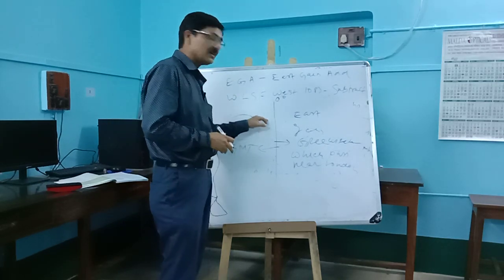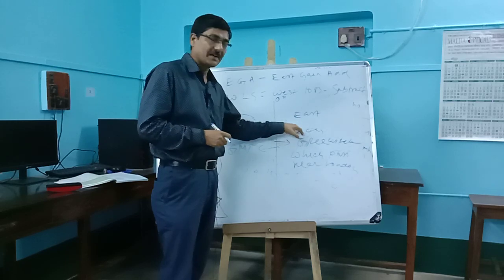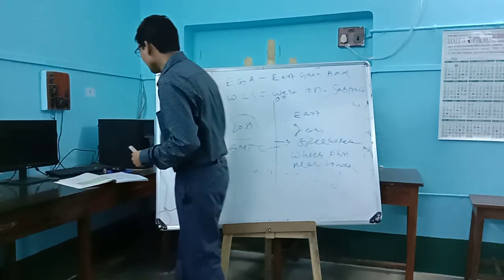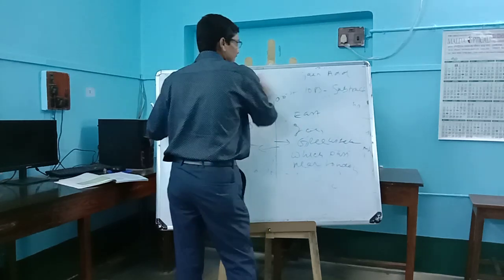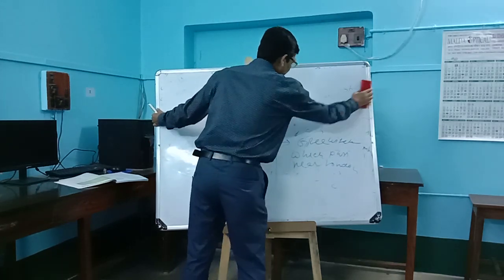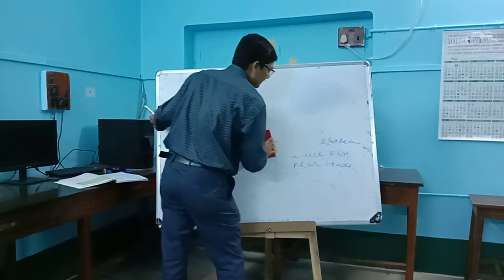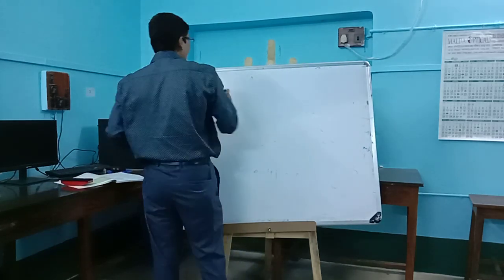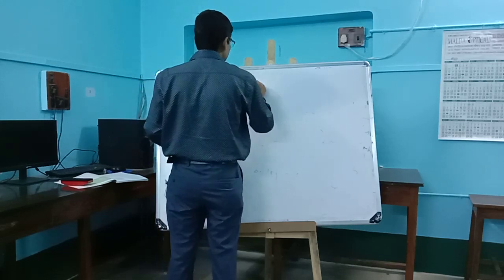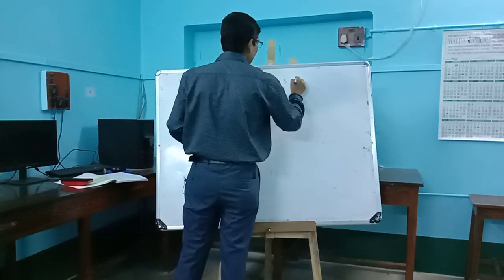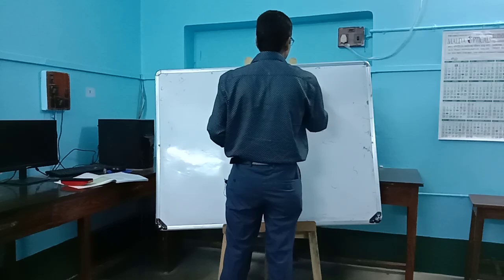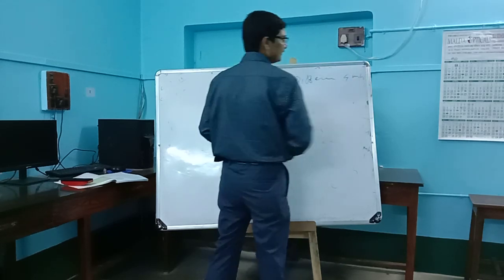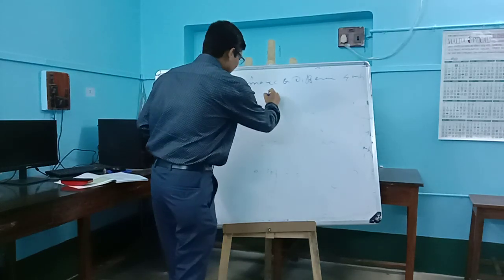This is called World Standard Time or Greenwich Mean Time, GMT. So keep in mind here, 1 degree makes a difference of 4 minutes.